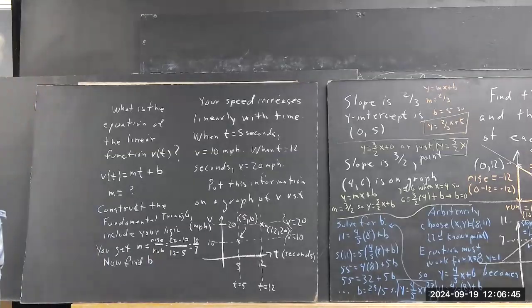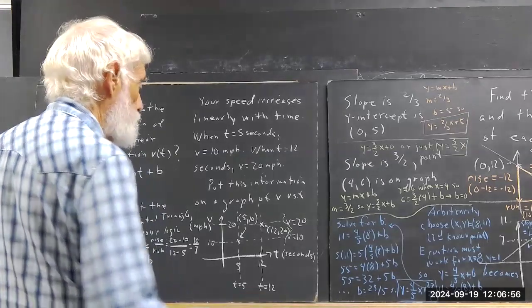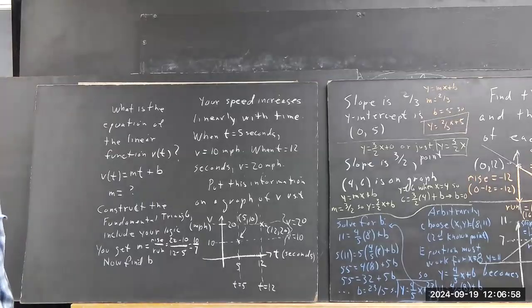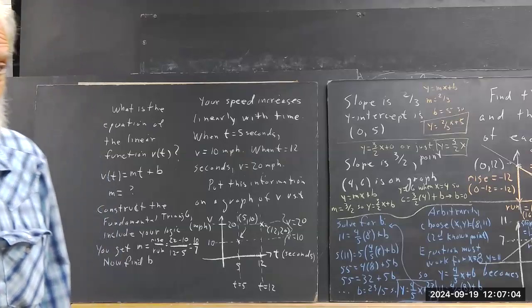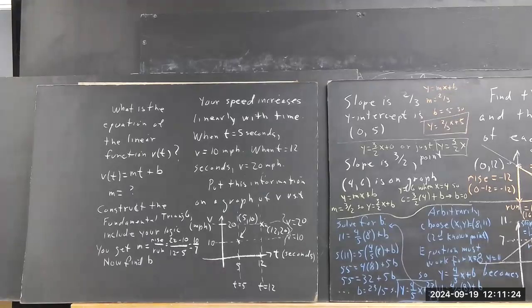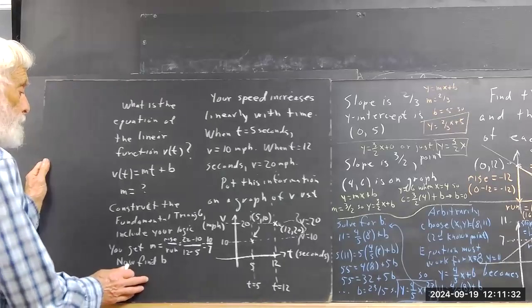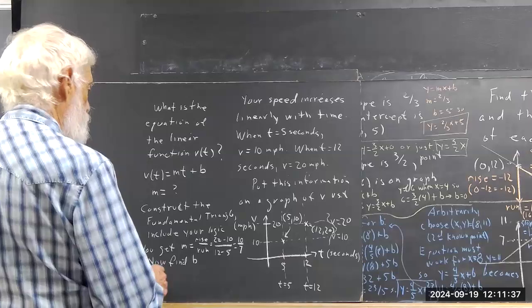Now find B. You are going to have to write an equation and solve it. There's no other good general method of finding B. You could use similar triangles, but I'm not even going to mention that, except I mention it. Okay, so find B, pick a point.